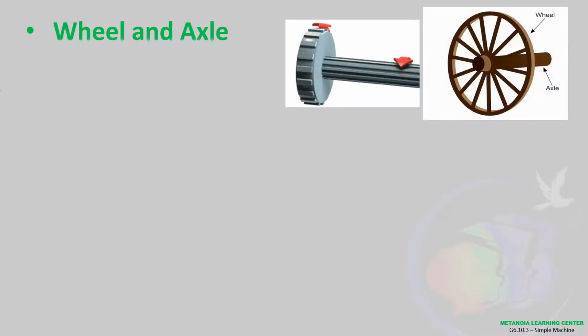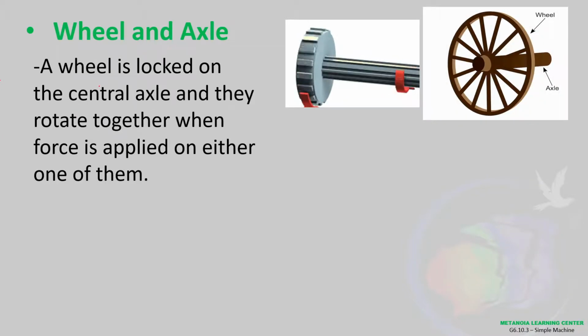Okay, wheel and axle is also an example of a simple machine. A wheel is locked on the central axle and they rotate together when force is applied on either one of them. So itong wheel na to is connected to the axle over here. At this point, you can see the connection between the two.